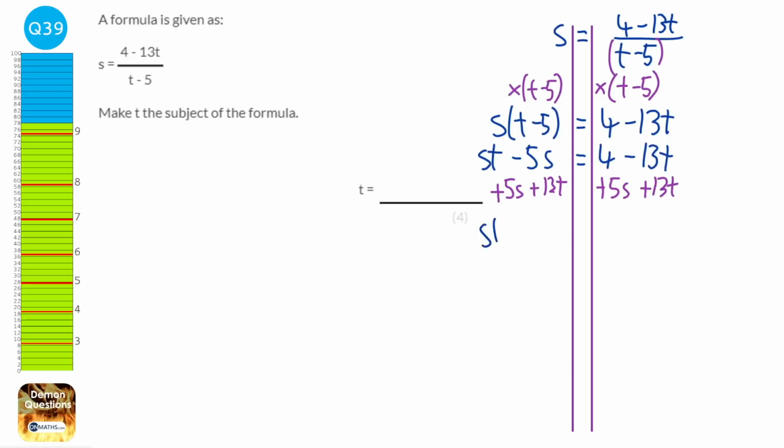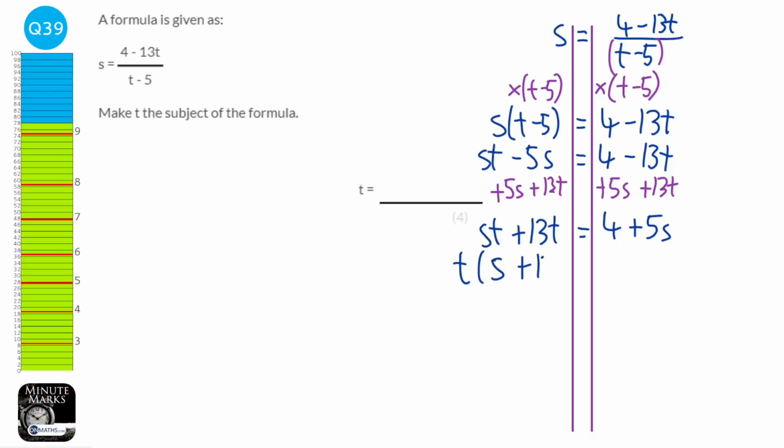So we're left with st plus 13t equals 4 plus 5s. Now when we've got the t's on the same side, we can factorise out the t's. So t bracket s plus 13 equals 4 plus 5s. And then we can get rid of this by dividing both sides by s plus 13.